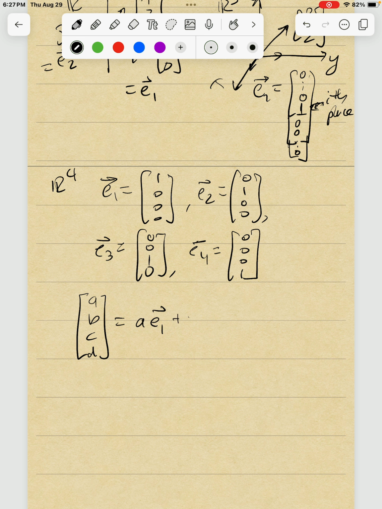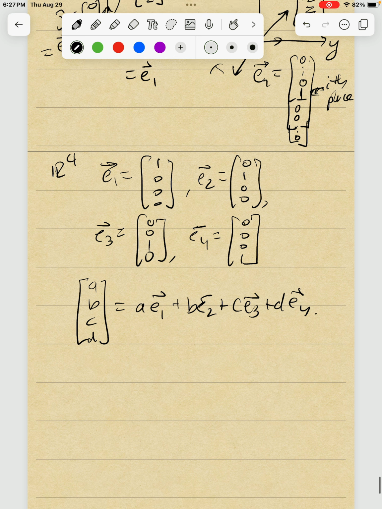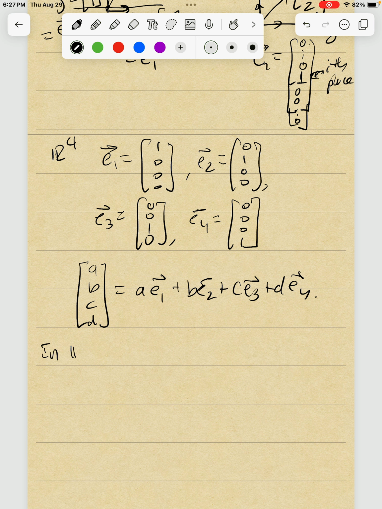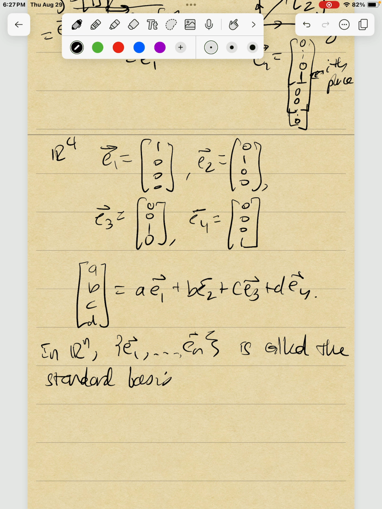So it's aE1 plus bE2 plus cE3 plus dE4. And these vectors in Rn, the set E1 through En, is called the standard basis of Rn.